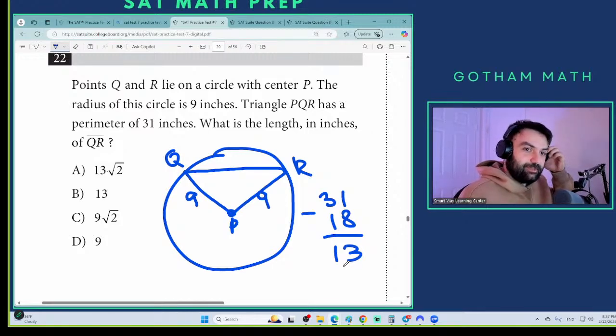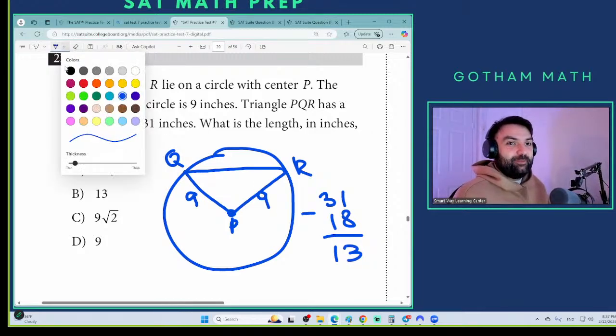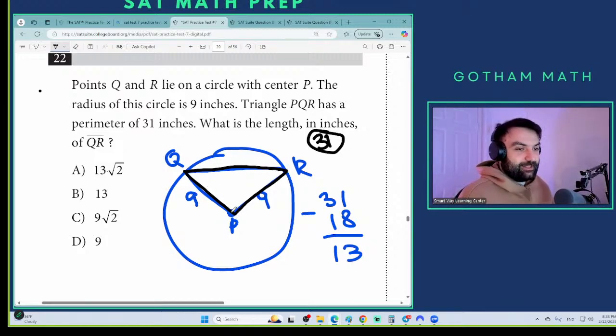What's going on? They said the perimeter of the triangle is 31. If you don't know what perimeter is, go back to 5th grade. And if you know what a radius is, then all radiuses are the same size. Wow, number 22. That's insane.